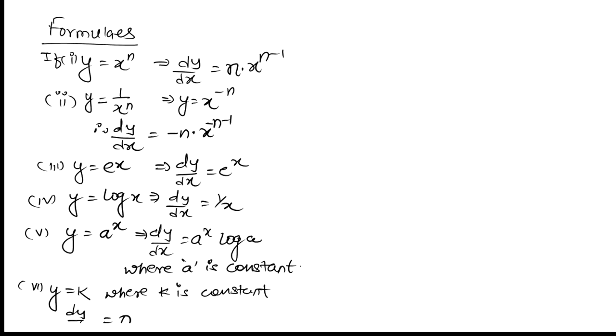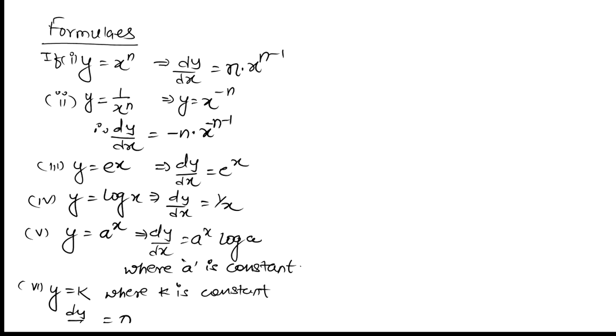The first is, if y is equal to x to the power n, then what would be its derivative? That is, dy/dx of y is equal to n into x to the power n minus 1. If y is equal to 1 upon x to the power n, first of all, I need to simplify.